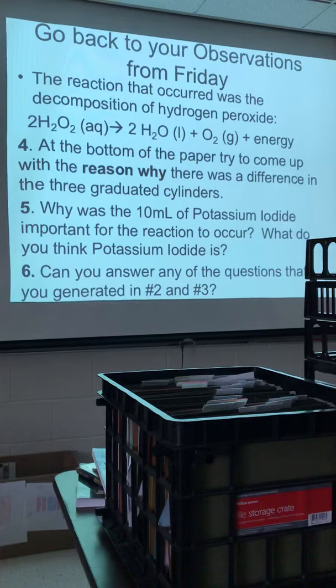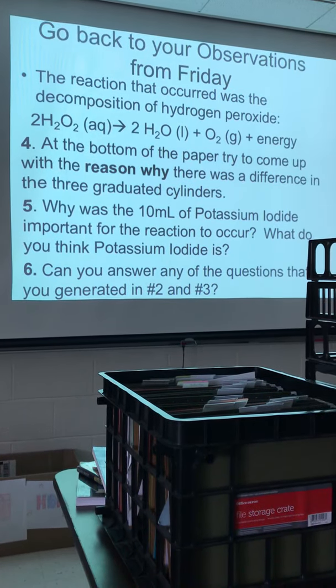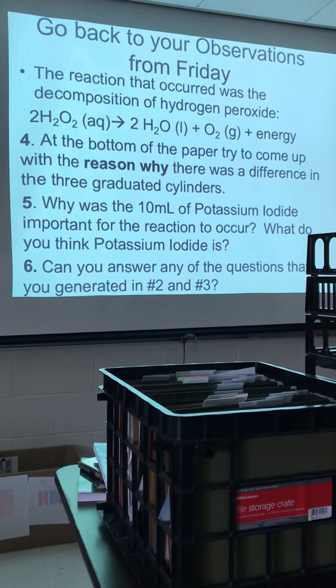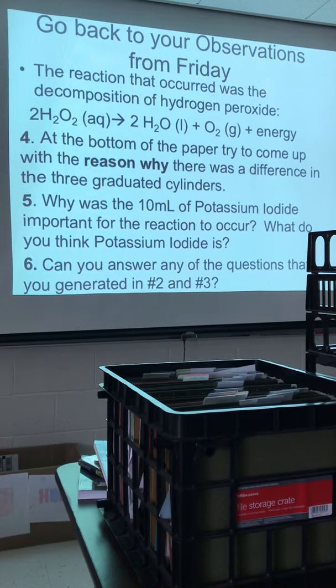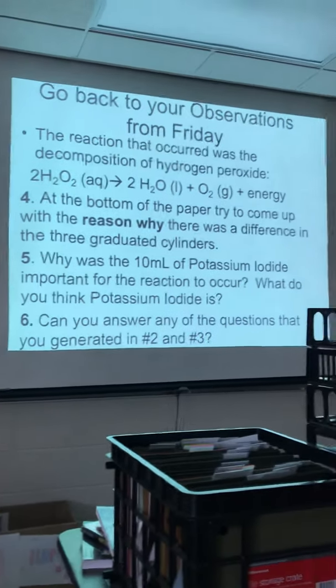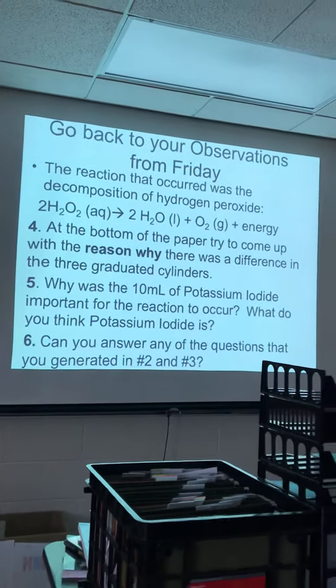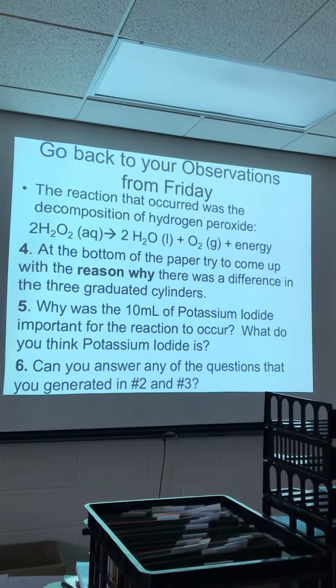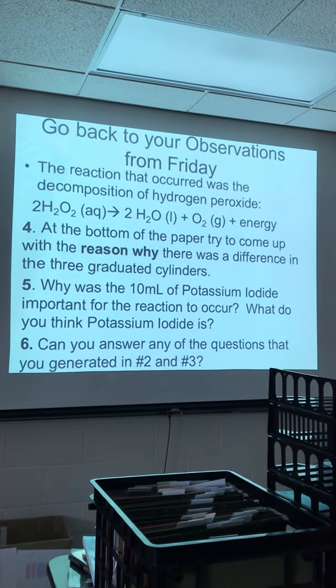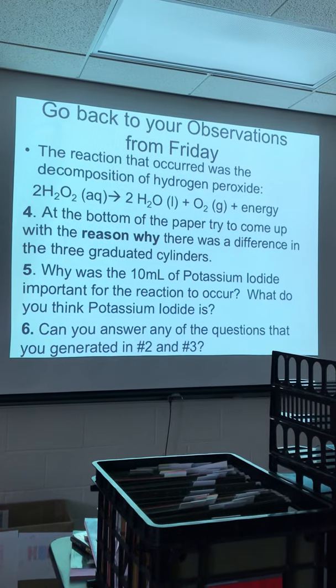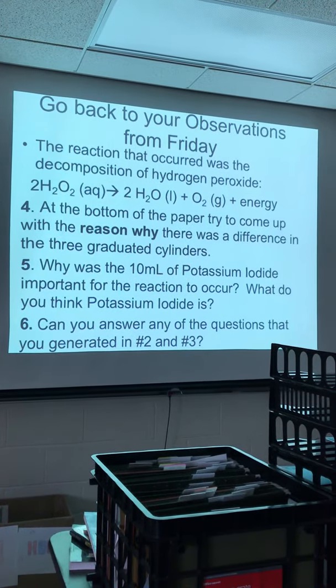And for number 5, why was the 10 milliliters of potassium iodide important for the reaction to occur? What do you think the potassium iodide is? And then number 6, can you answer any of your own questions that you came up with? Okay, so I'm going to give you a couple minutes to do that.